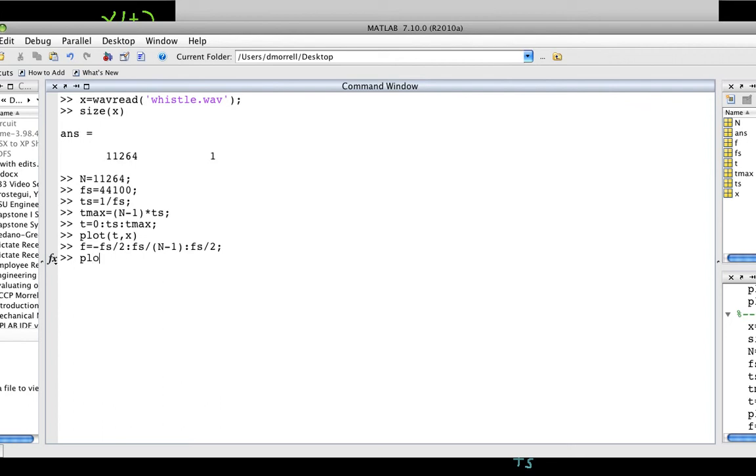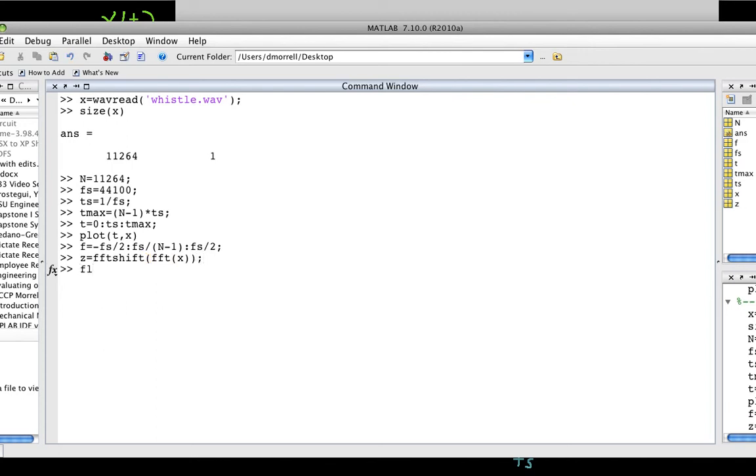And now we have to take the discrete Fourier transform of x. The way you do this, and I'm not going to spend a lot of time explaining why I do it this way, is z, I'll call the Fourier transform z, is fftshift of fft of x.